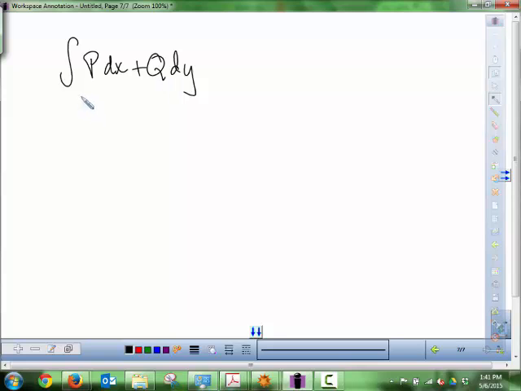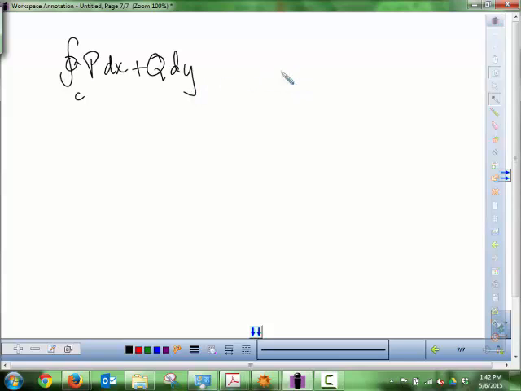So Green's theorem only works in 2 dimensions. And what we're saying for Green's theorem is that this is equal to some double integral.